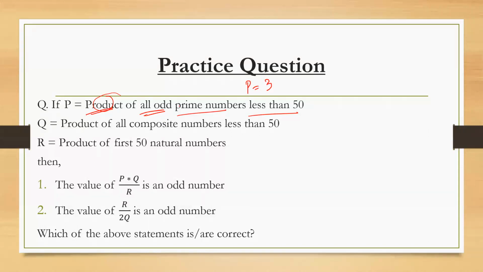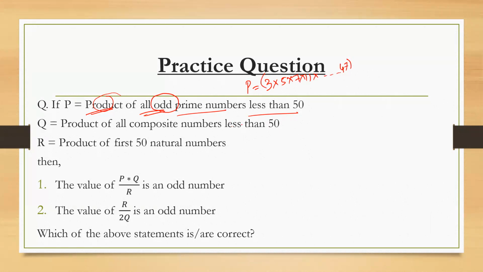Now, Raghavan, why it is not 2? Because it is given odd. So 2 is an even prime number. Fine. So here we know it starts from 3 and then we know it will go till what? 5, 7, 11. And what is the last prime number that we'll have? 45, 46, 47.